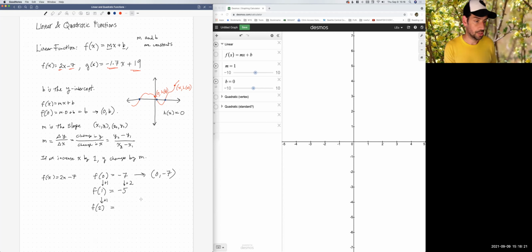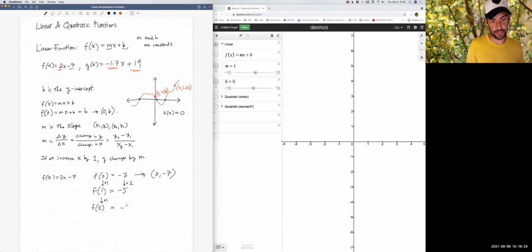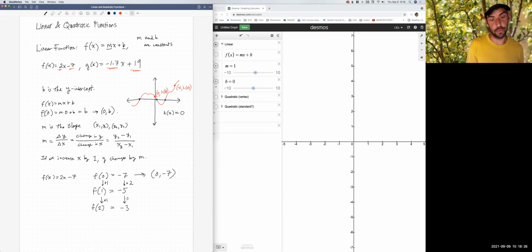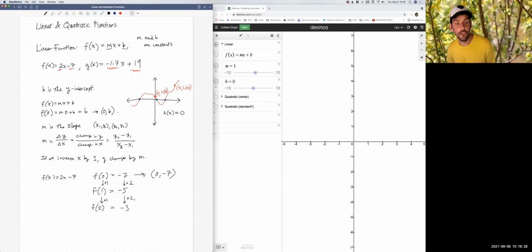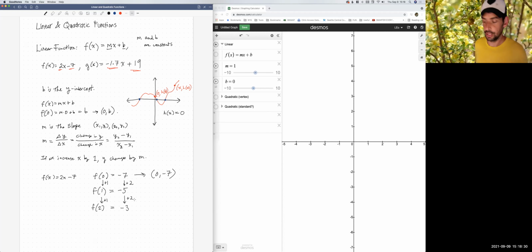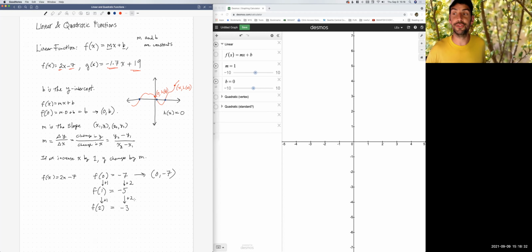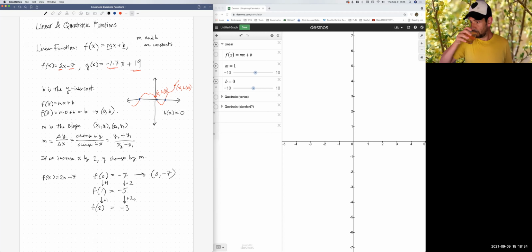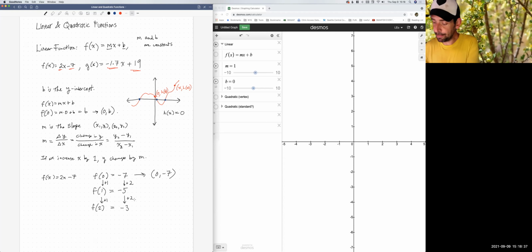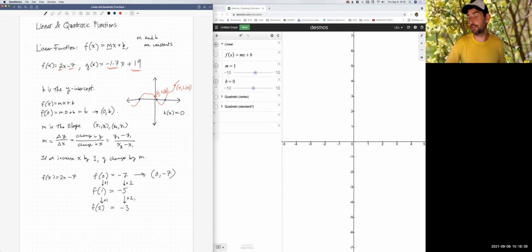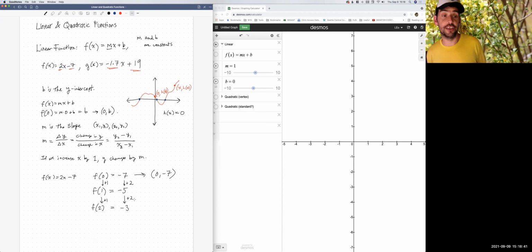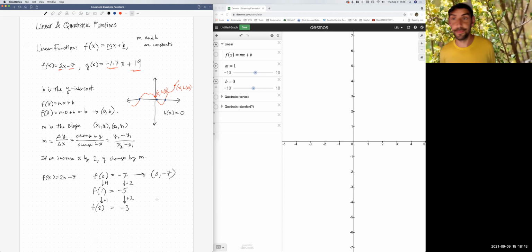F of 2, we got 2 times 2 is 4 minus 7 is -3. We're increasing y by 2 again, right? So that's what that slope tells us about a line, how the output changes as we increase the input.